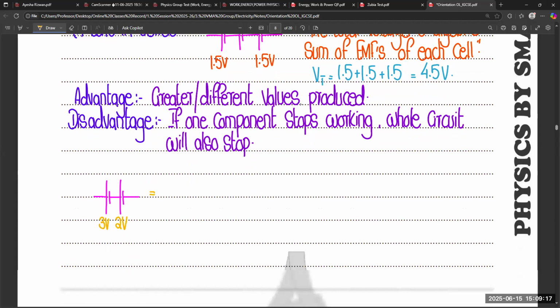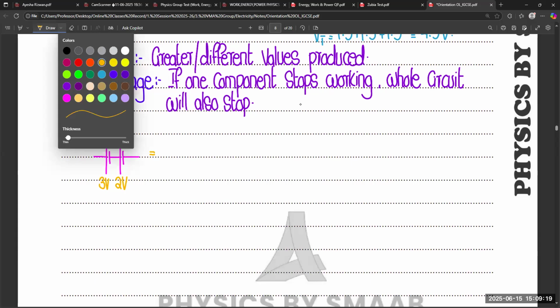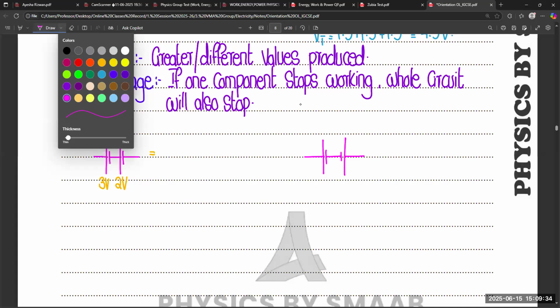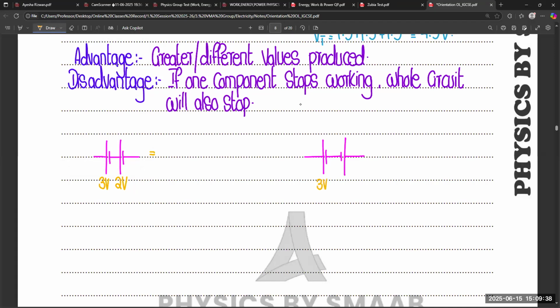So what will be the answer for this combination? And in the same way, if we have one combination in this way and we have the same values, 3 volt, 2 volt, what is the final answer of this combination?